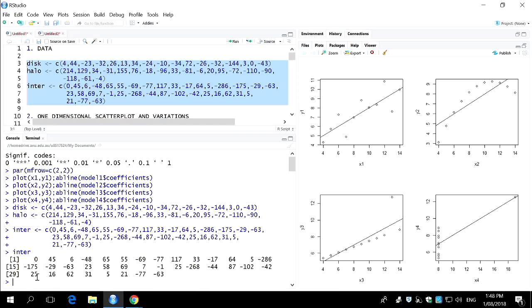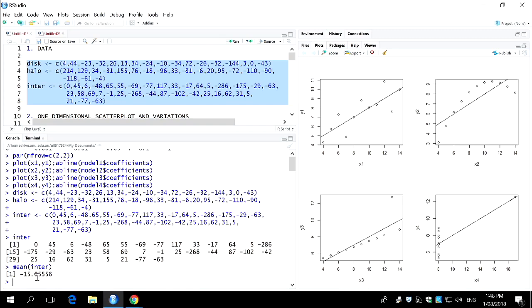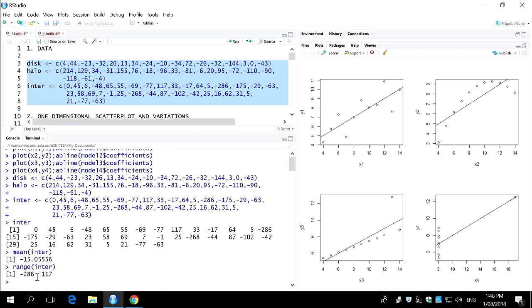All right, let's have a look. So what's the first thing a statistician does when they look at data? They go, well, what's the mean of inter? Minus 15. So the average is minus 15, which is minus not much. Okay, what's the range of inter? They go anywhere between minus 286 and plus 117. You notice how unsatisfying this is?